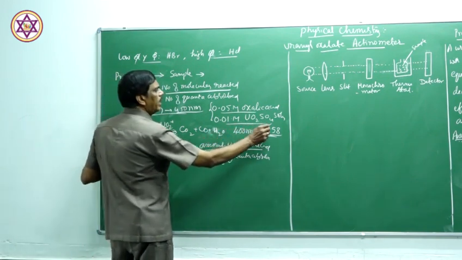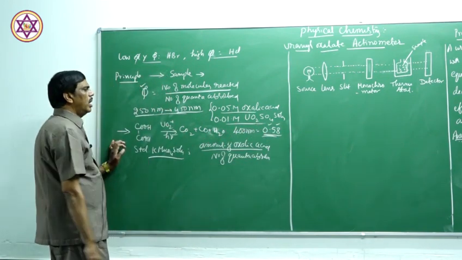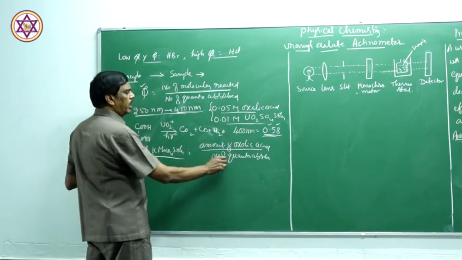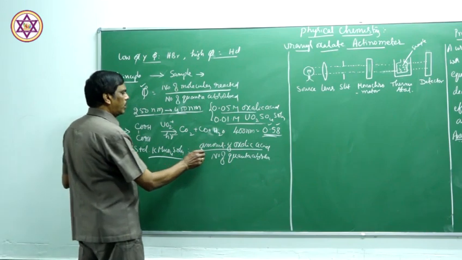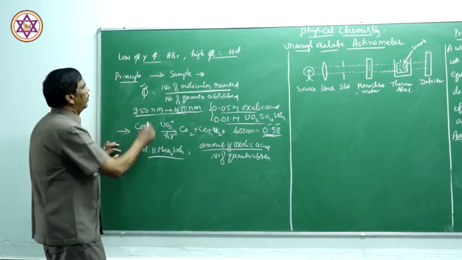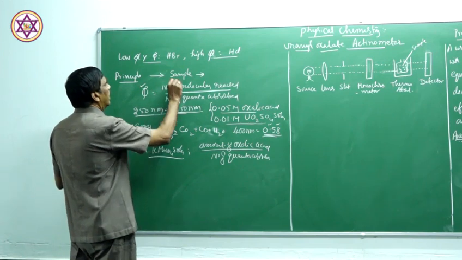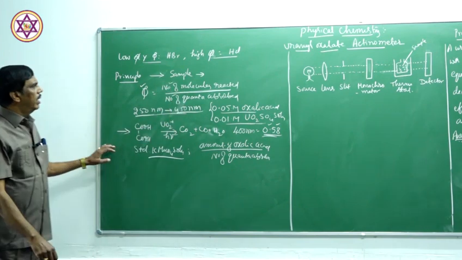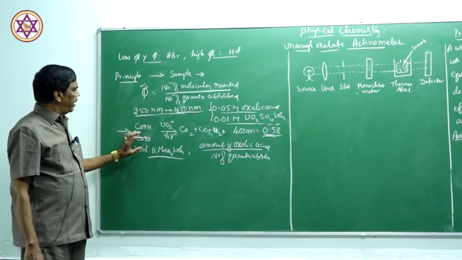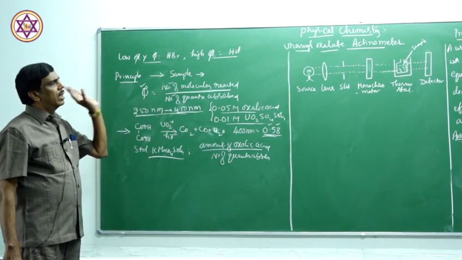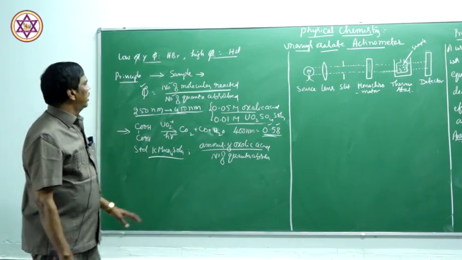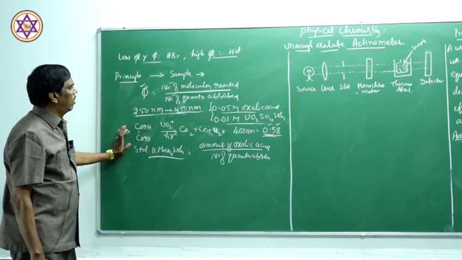So, we know the standard quantum efficiency of the solution, and if you take some unknown solution, the amount of oxalic acid dissociated divided by the number of quanta absorbed, if two terms are known, one can be calculated like that. So the number of molecules reacted can be measured by titrating the remaining oxalic acid with the standard potassium permanganate solution. This is the principle involved here.